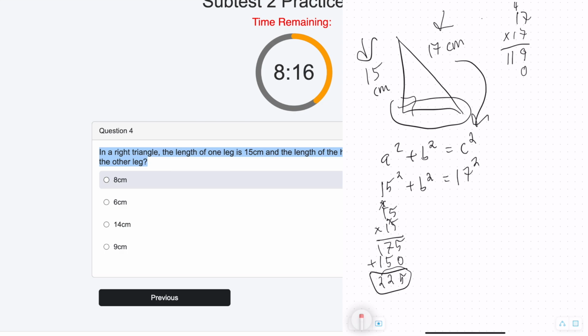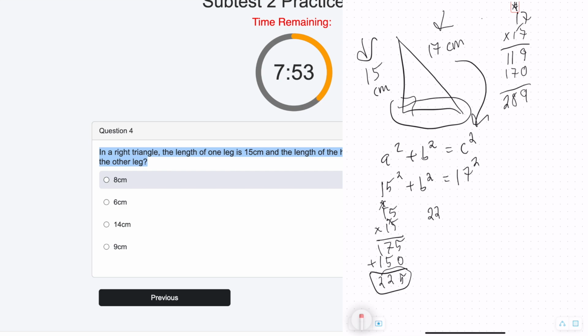So now we can bring this 0 down, cross out the 4. 7 times 1 is 7, and 1 times 1 is 1, making our total 289.